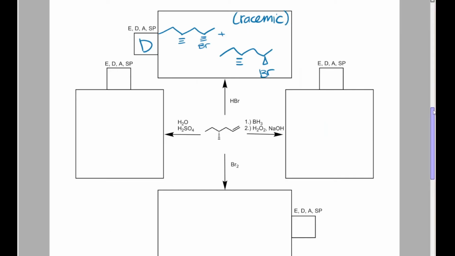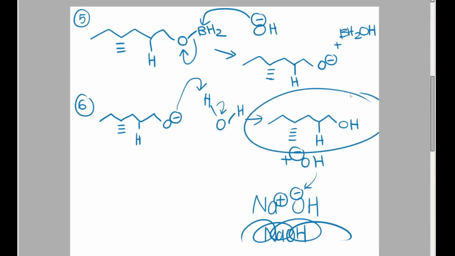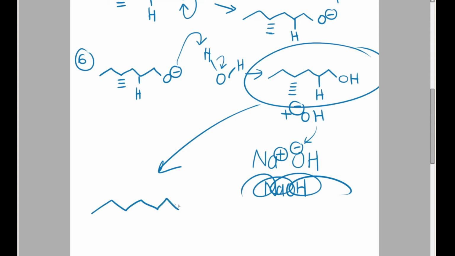So going back to this page, the product is a single product, and it's this one. You can draw it as this without the hydrogen atom here, because remember that for carbon skeletons, we don't have to include the hydrogen atoms because they're just assumed to be there and bonded to the carbons.